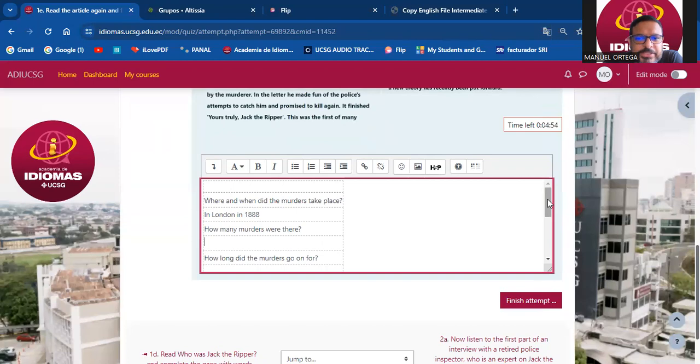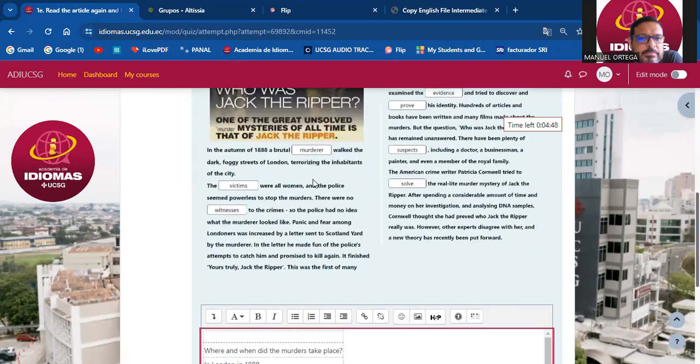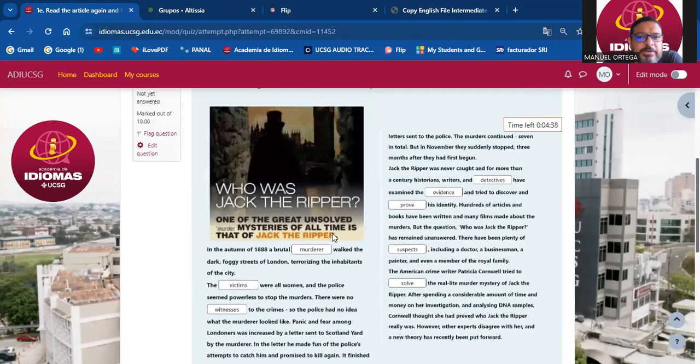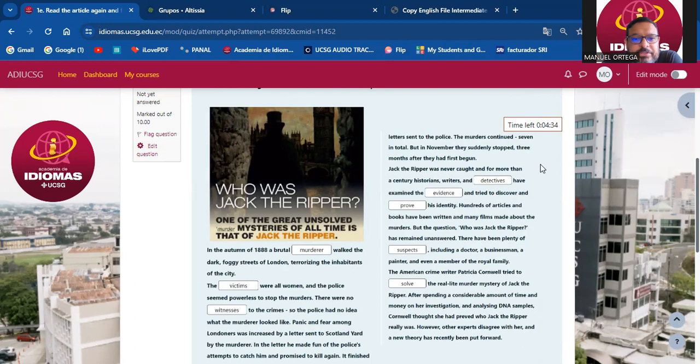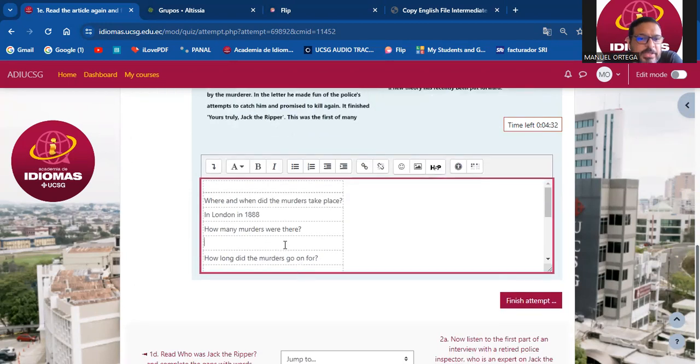The second question, how many murders were there? So let's take a read at the article, and let's find out how many murders. 7. Okay, so we answer there were 7.